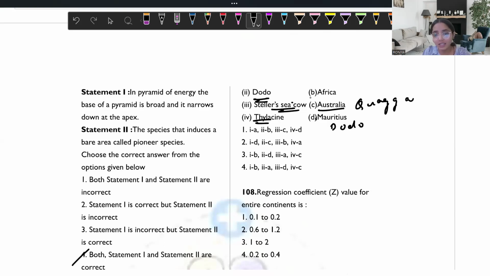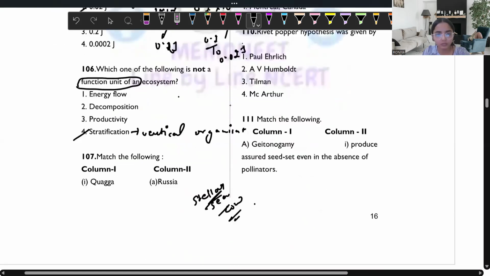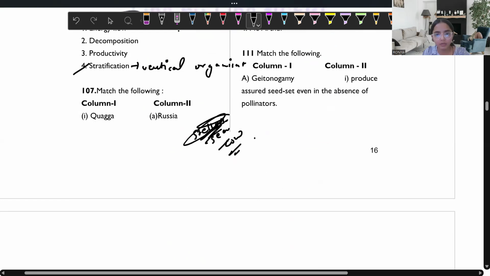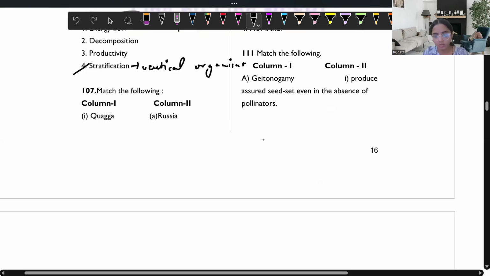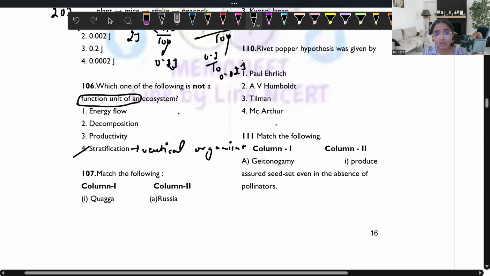Thylacine is related to Australia. Okay, I'm sorry, quagga was Africa. Let me make a very simple thing for you. Just a second.